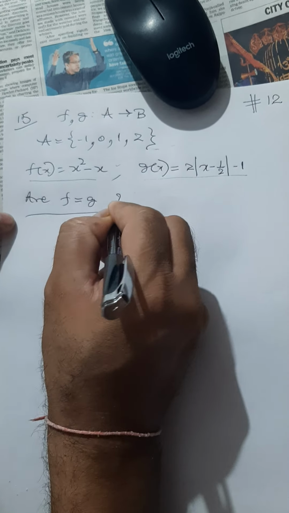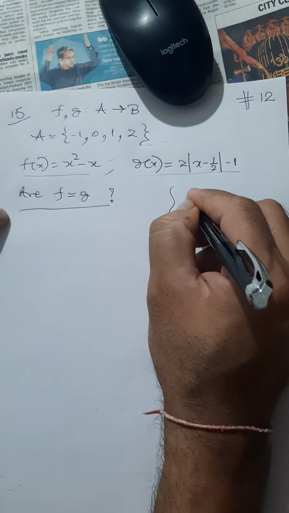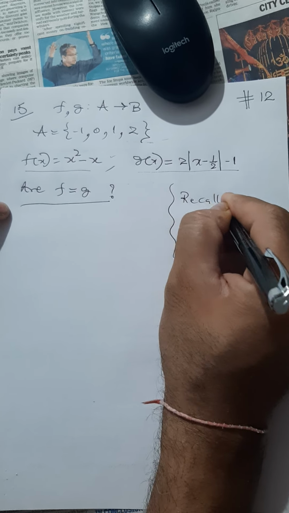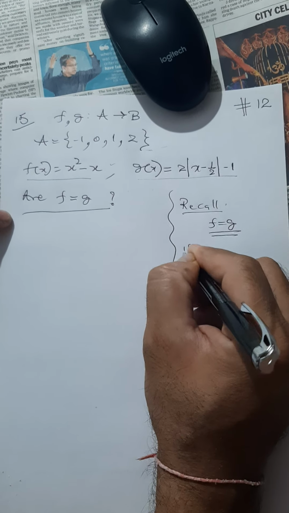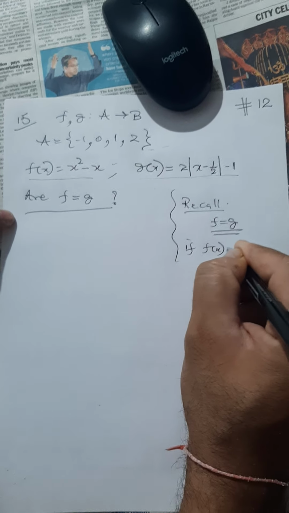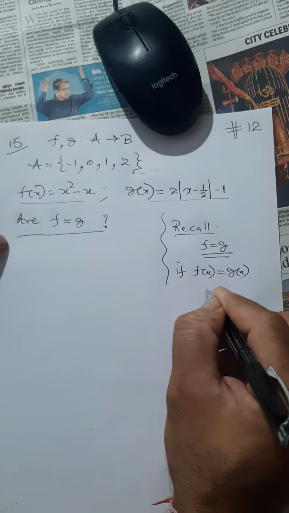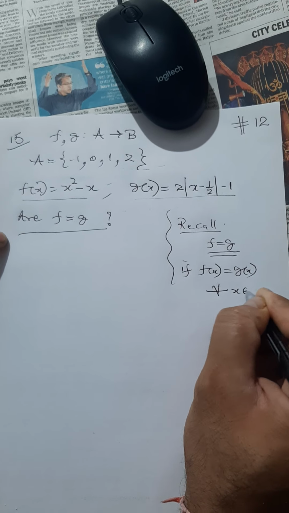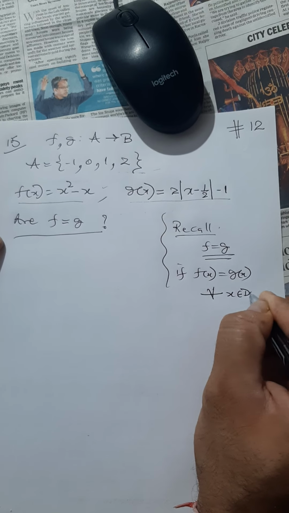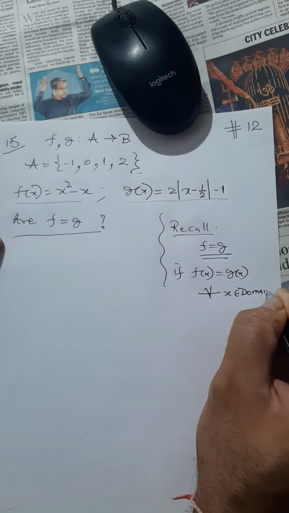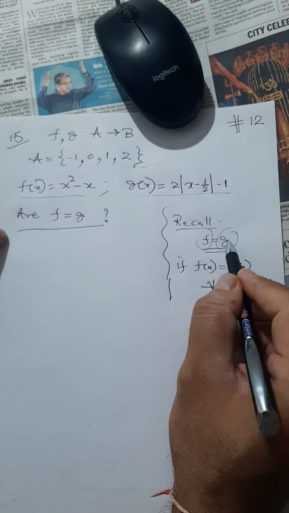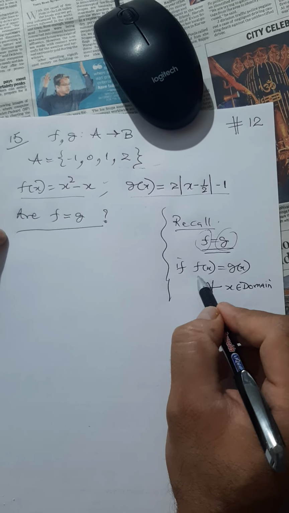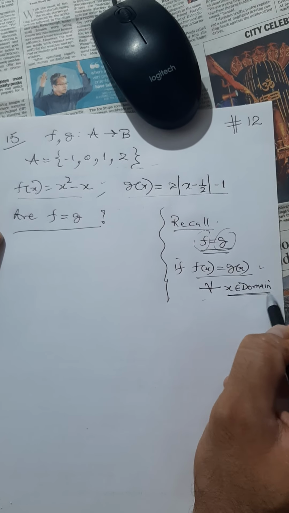Now you recall from 11th standard: two functions f and g are said to be equal if f(x) equals g(x) for every member of the domain, for every x in the domain. I repeat, two functions f and g are said to be equal if their values are equal for every member of the domain.